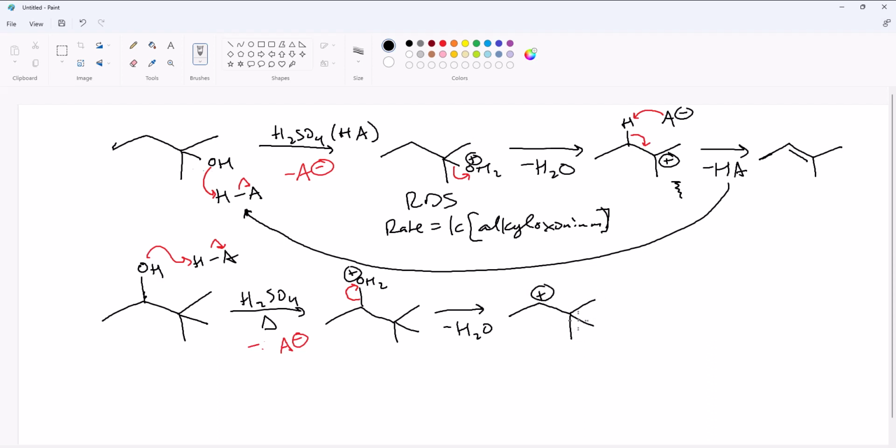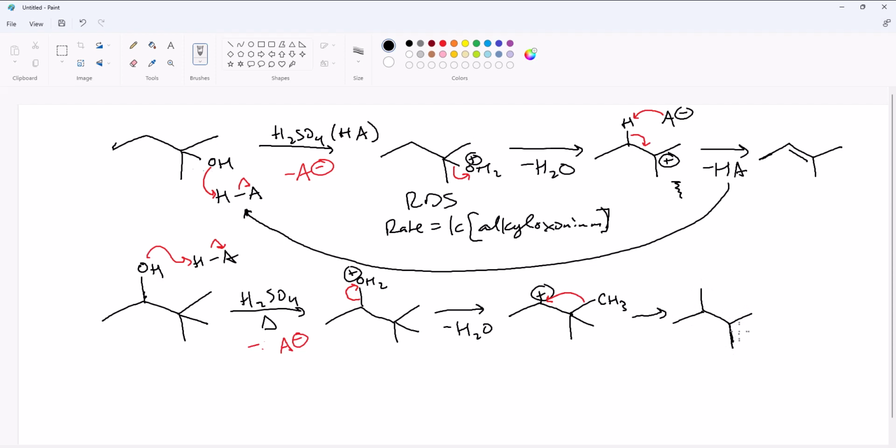Now, this is good. Secondary carbocations are stable. However, if we do a methyl shift from this quaternary position to the secondary position, we will instead generate a tertiary carbocation. So we're doing a carbocation rearrangement, just as we saw in the last chapter.